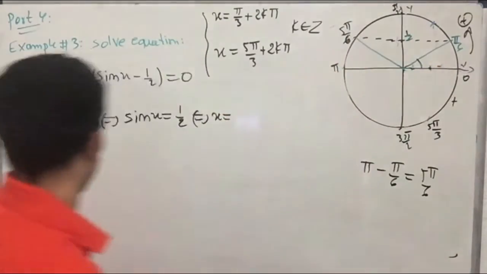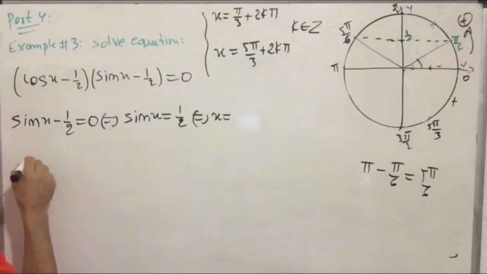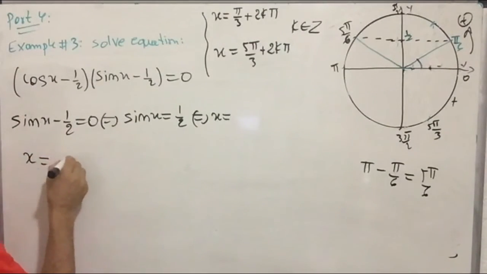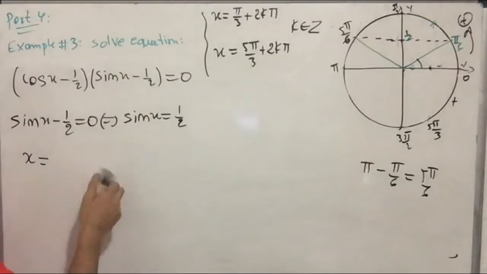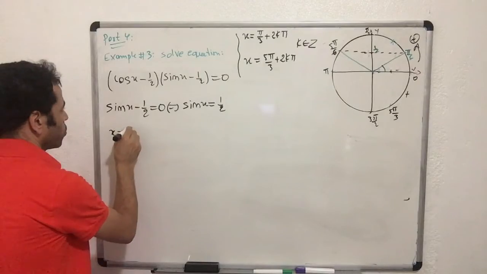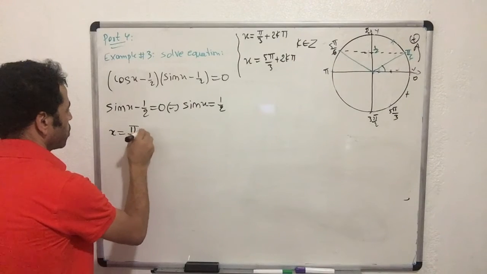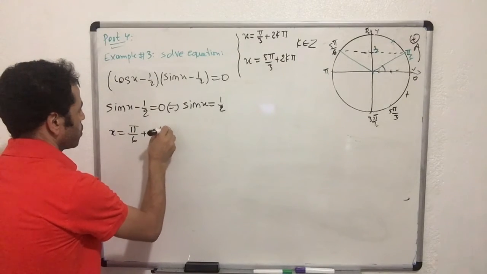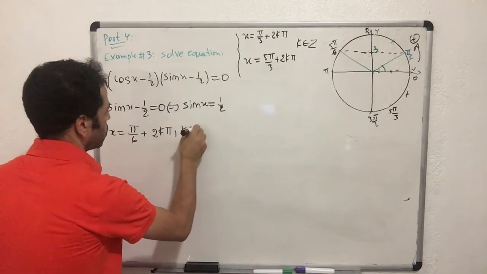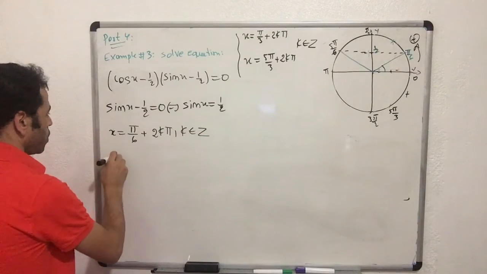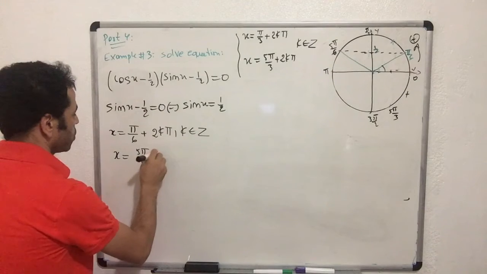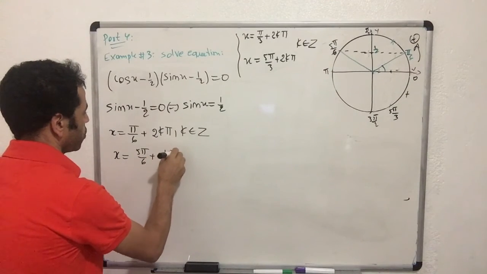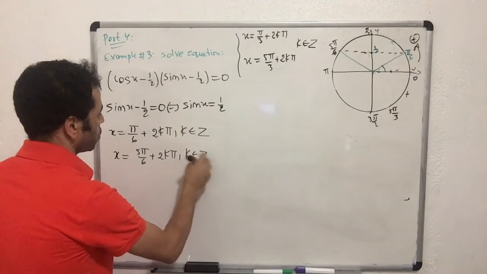I'm going to put this one in this form now. x equal to pi over 6 plus 2k pi, k is an integer. Another solution, x equal to 5 pi over 6 plus 2k pi, k is an integer.